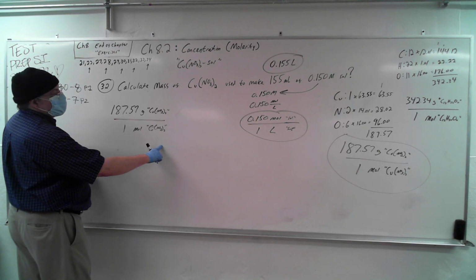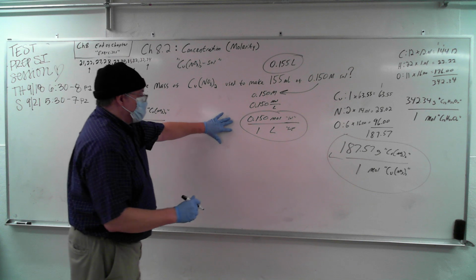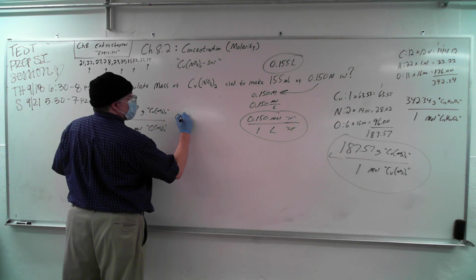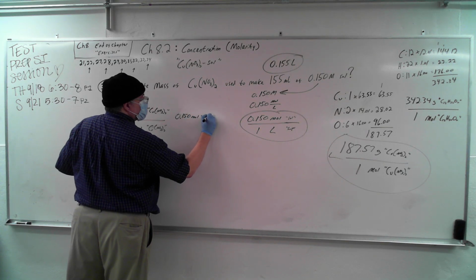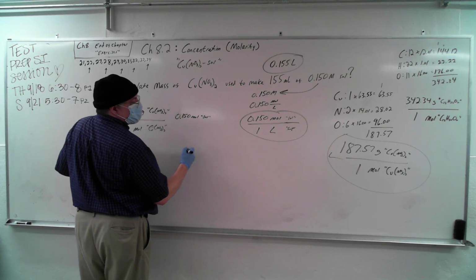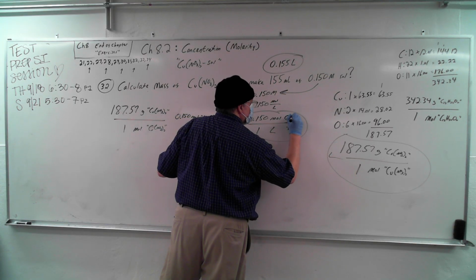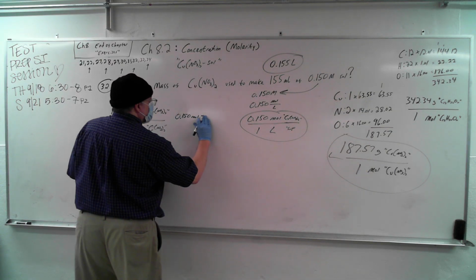I need the moles to cancel. I've used this. This has moles in it. So I'm going to put the moles on top so they'll cancel: 0.150 moles of CuNO3 in 1 liter of solution.